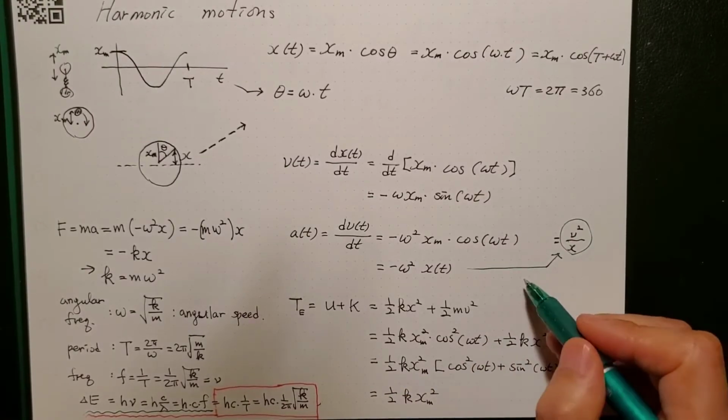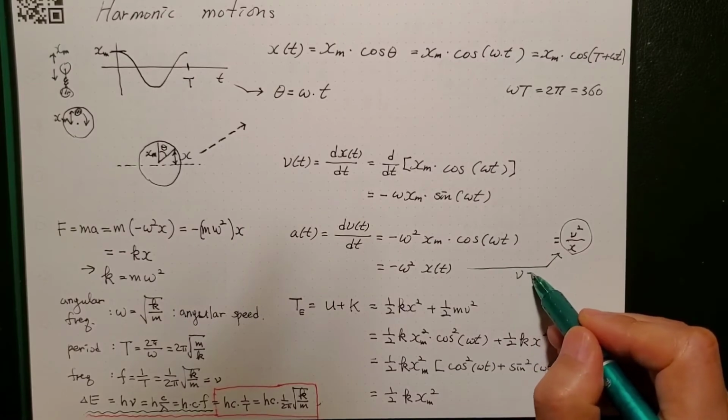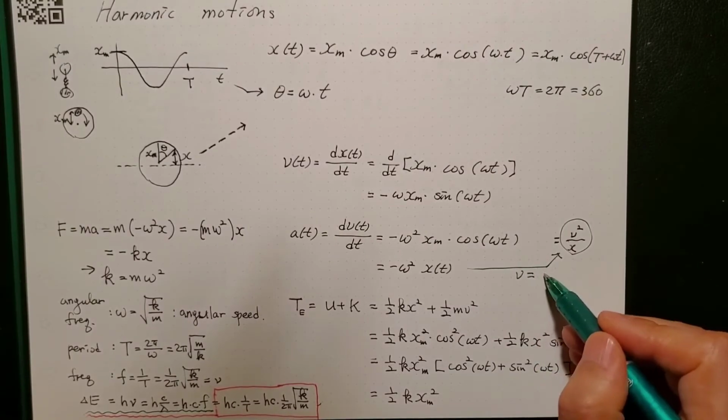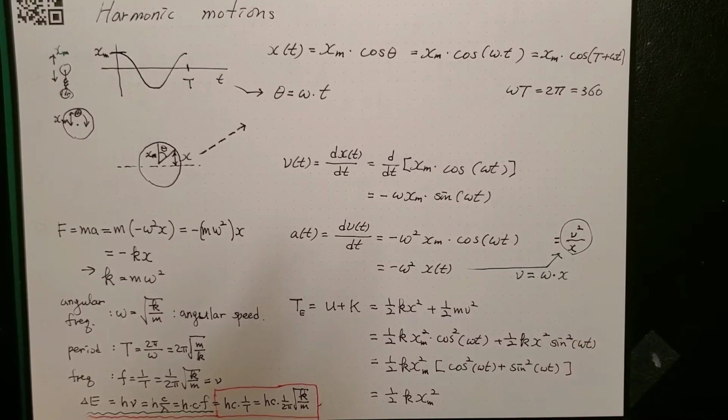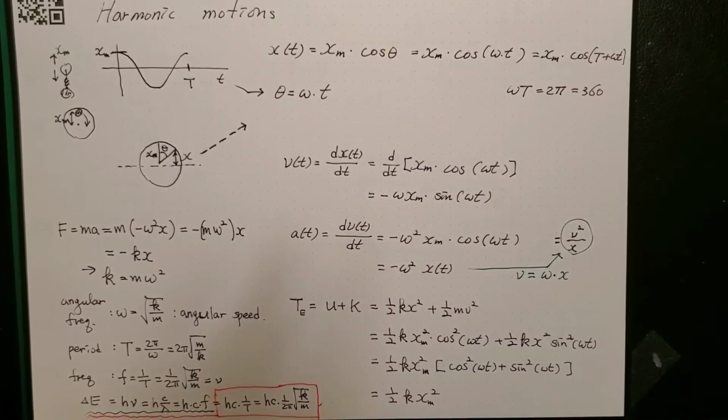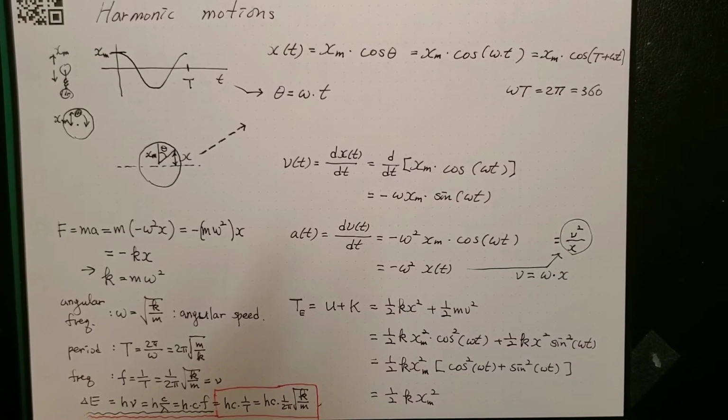Yeah, using the relationship of the velocity: tangential velocity equals the angular velocity times distance. Previously we used the distance r, but now it's x. Like I said, symbols change depending on how you set up.